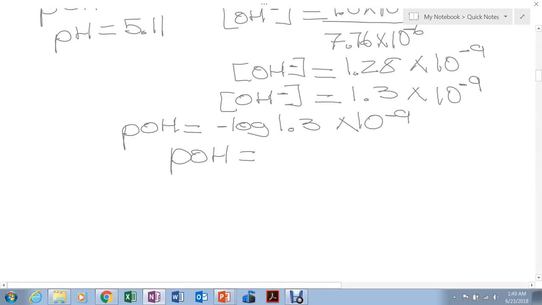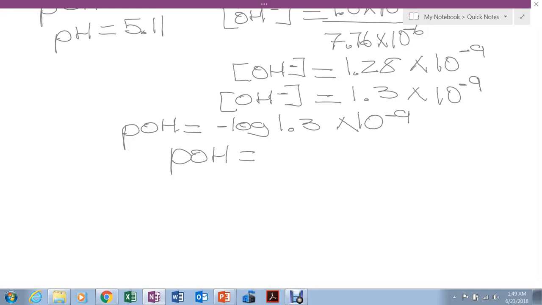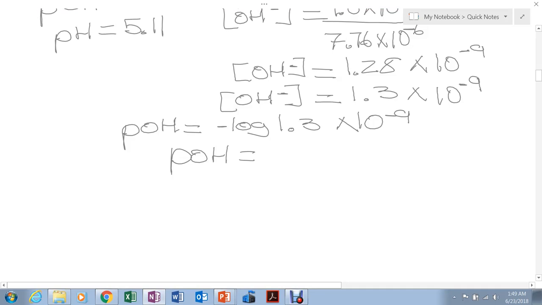A high pH is basic with a lower pOH. And if we get this, it's minus the log, because this is pOH. Minus the log of 1.3 times 10 to the negative 9, 8.89. So now, I don't want to lose time going down.